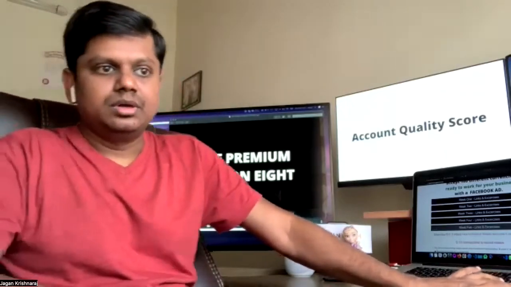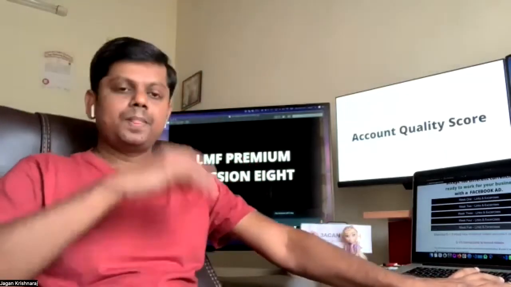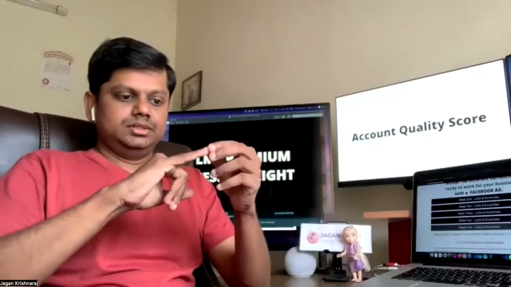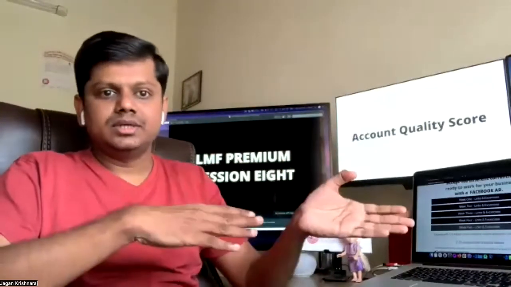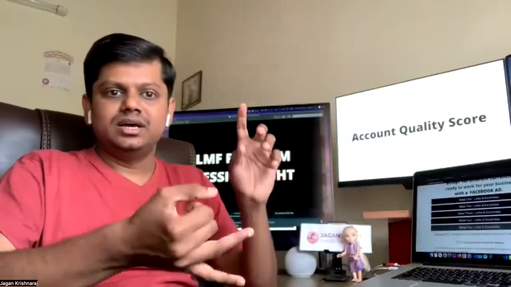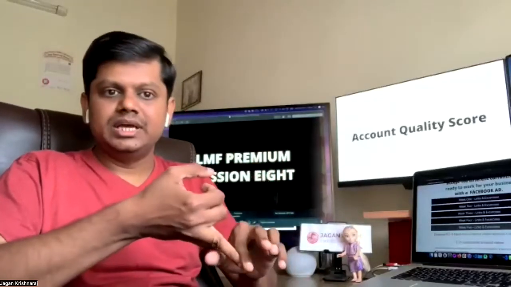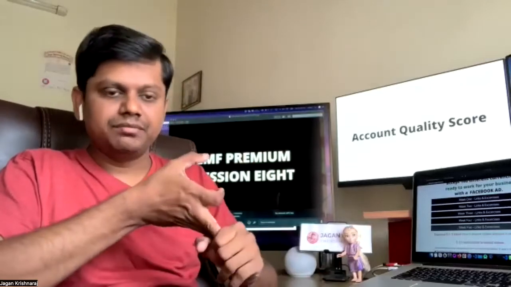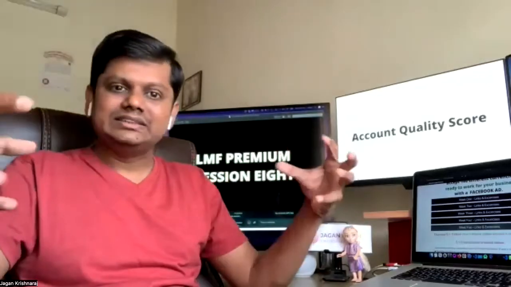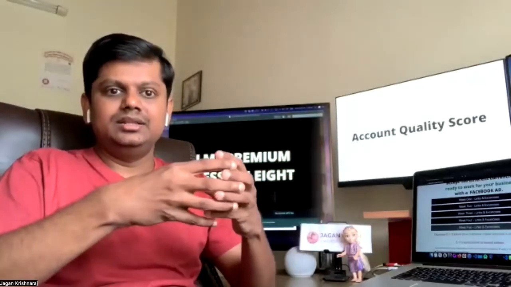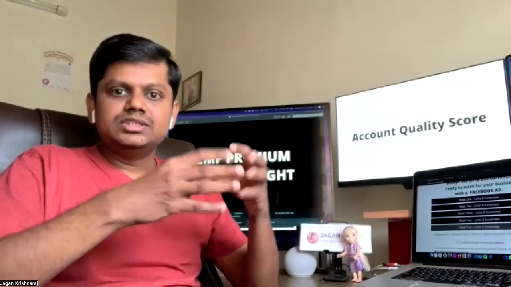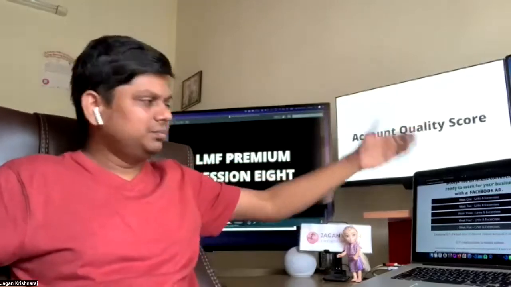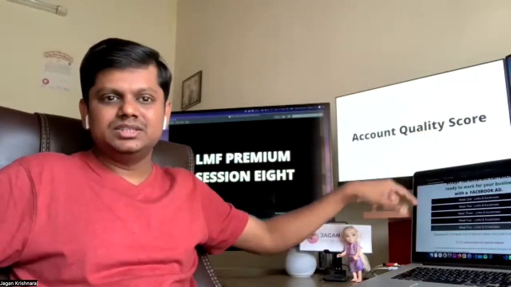Account quality score. What is account quality score? Based on what you do, how you log in to the account, how you post the ad, what content you post in the ad, and how much you spend on the Facebook account, all this comes to a factor, and they give you a quality score for your account. Google tells this publicly.